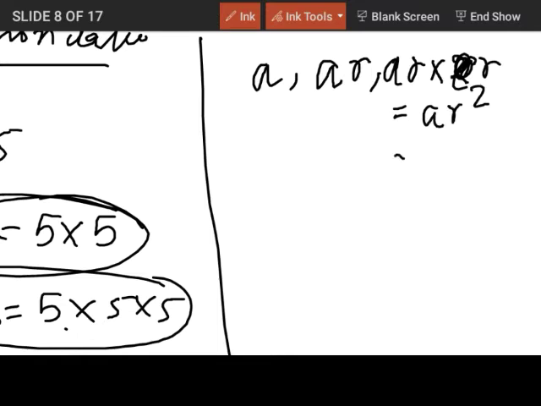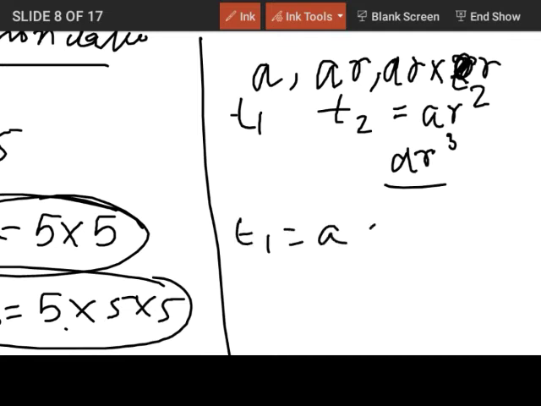Now similarly the fourth term will be ar cube. Now if I say this is t1, t2, t3 and t4, so t1 is a multiplied by r to the power 0, right? Because this will ultimately be 1 and this will remain a. And t2 we can write as ar. Now can I write this as ar to the power 2 minus 1? Obviously, right, because 2 minus 1 is 1 and r remains the same.